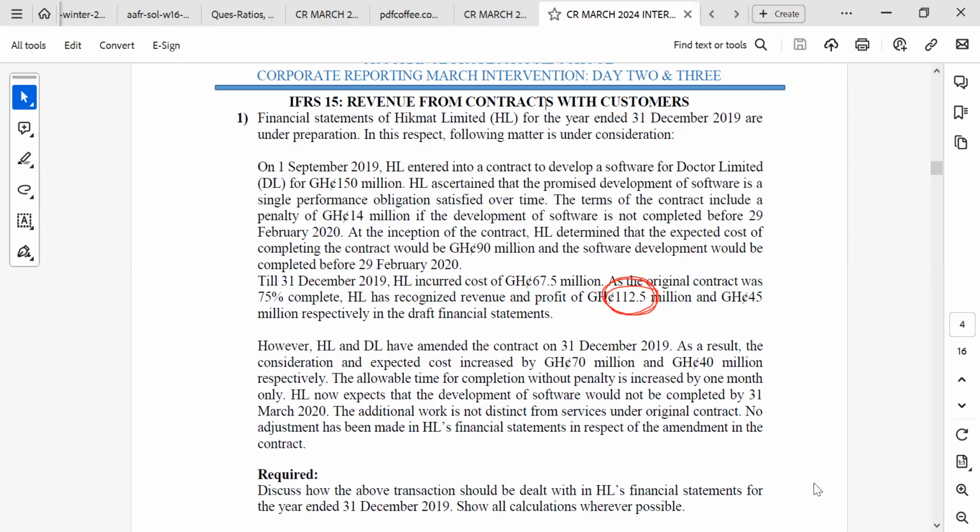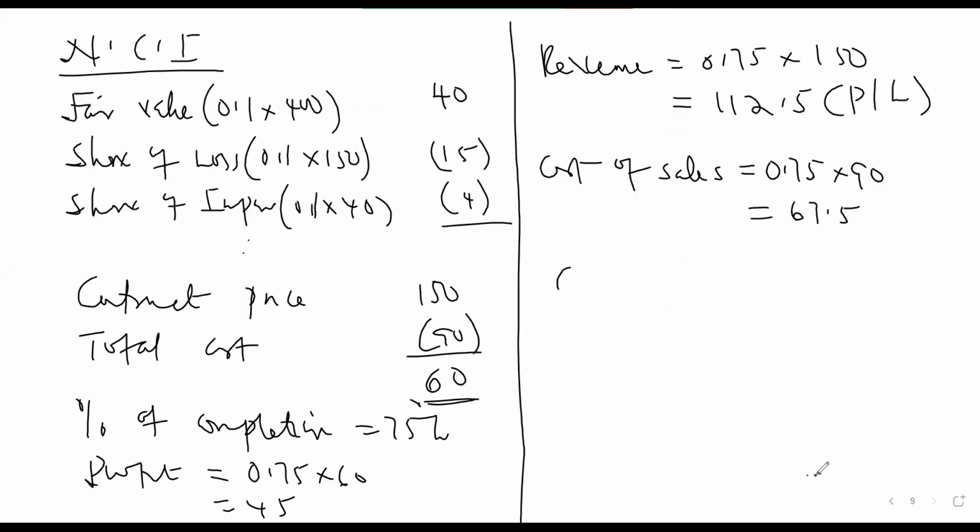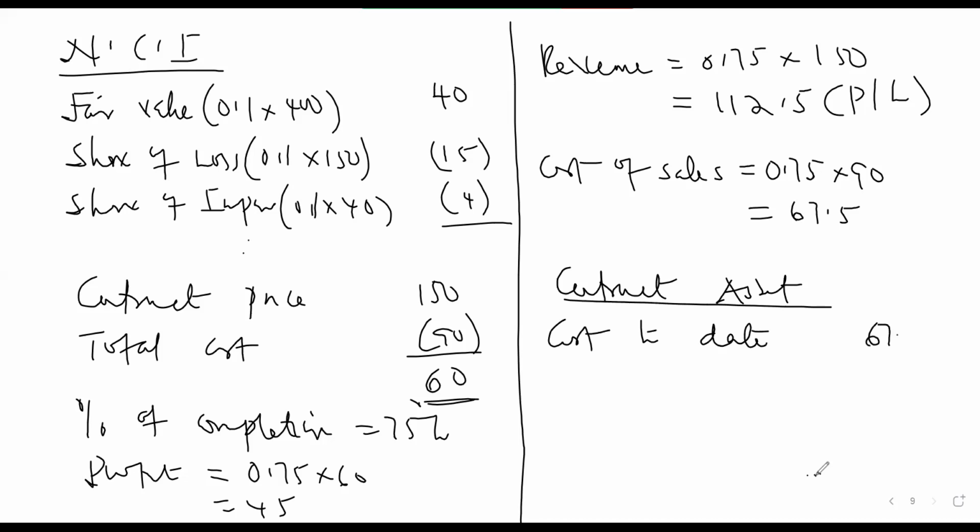Let's look at the next thing. However, HR Linus, yeah, senior. If they had made a deposit, we'll take it out of the contract asset. Exactly. We take it from the revenue and now have the contract assets. So the contract asset will always be calculated like this: the cost to date, which is 67.5, then you add the profit to it, which is 45 million.